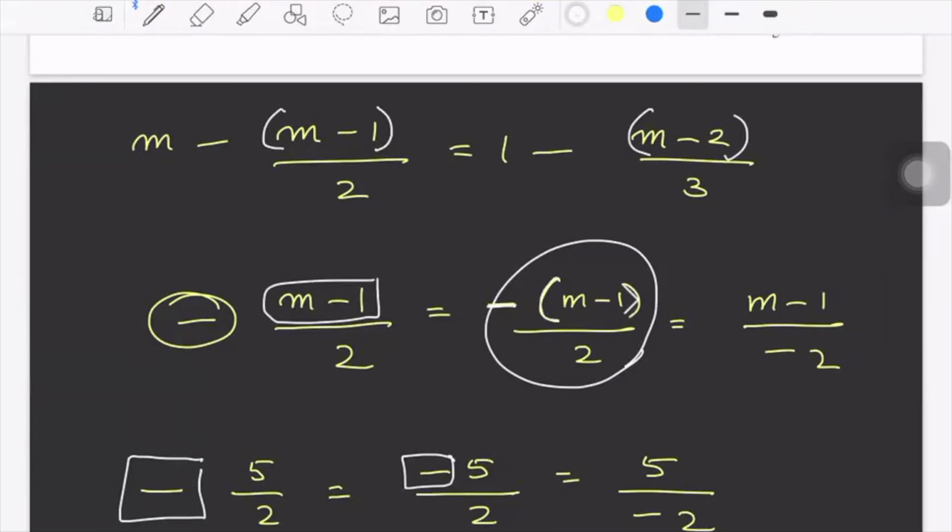So for safety, so that you don't forget, it is always safe to put a bracket, parenthesis, there so that you don't make a mistake. Understand, right?